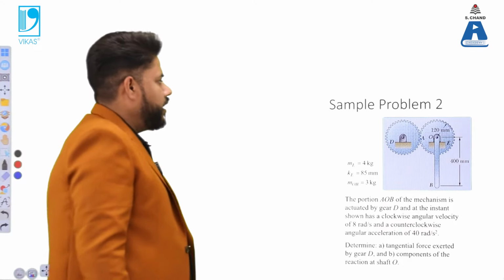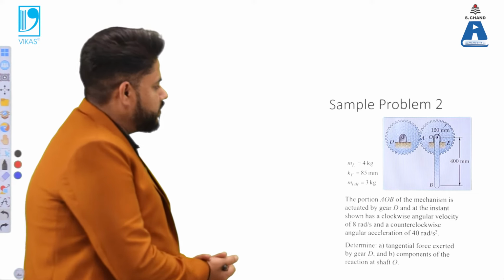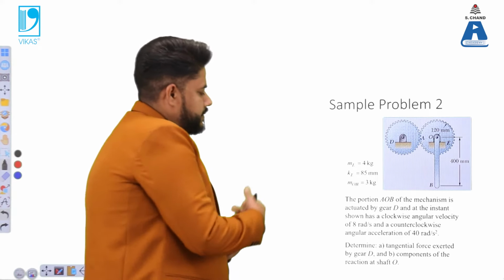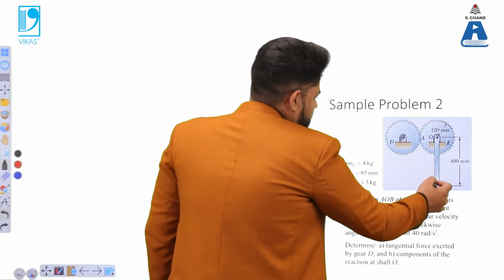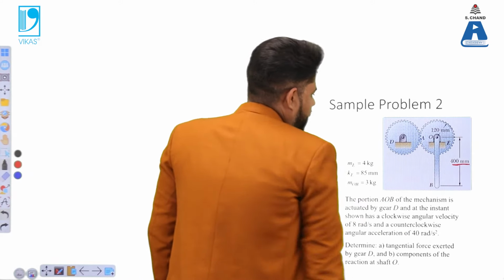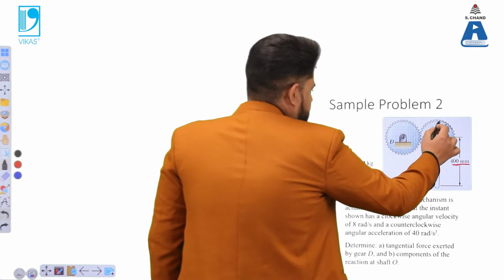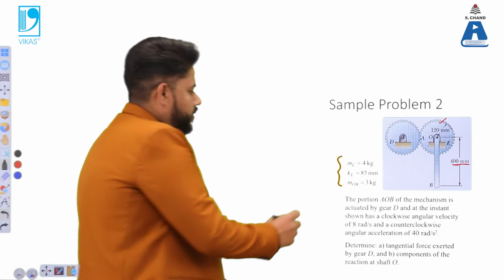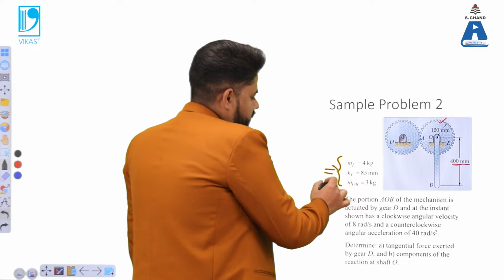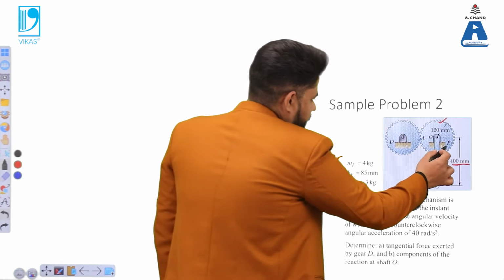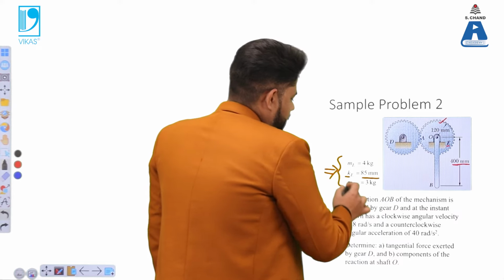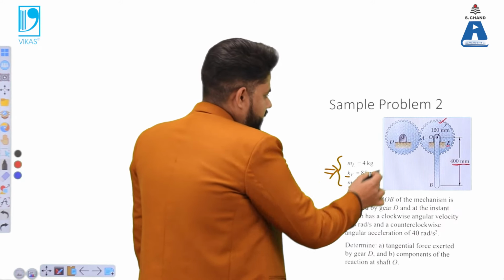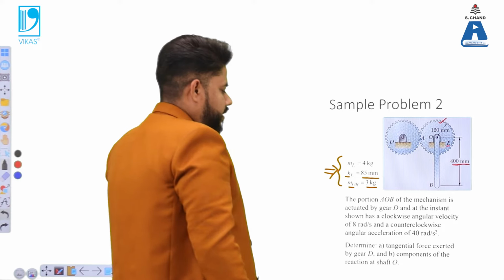Now let us look at another problem, sample problem number 2, related to the same concept. It has 2 gears, and one is fitted with a handle, and the radius is mentioned. We have all the initial values: the mass for this component E, the distance is also mentioned, and the mass for the other component is mentioned.